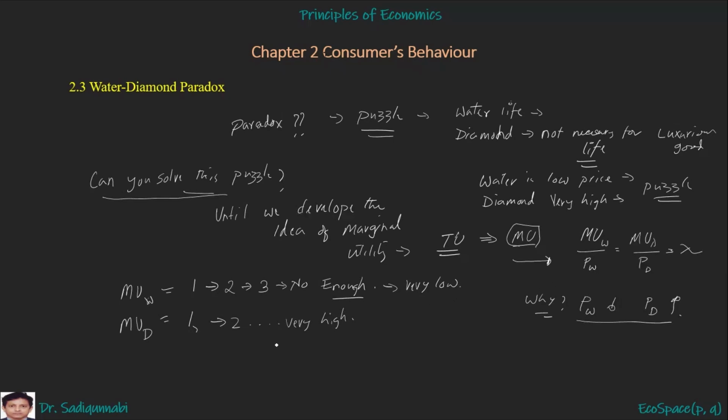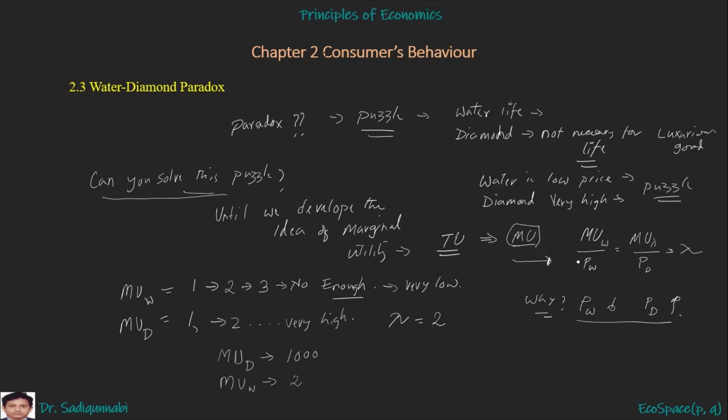Now use this equation. Suppose lambda is 2, a constant. You can take any constant, no problem. So we say that the marginal utility of diamond is very high, suppose it is 1000. And the marginal utility of water, as we believe, is very low, suppose it is 2.